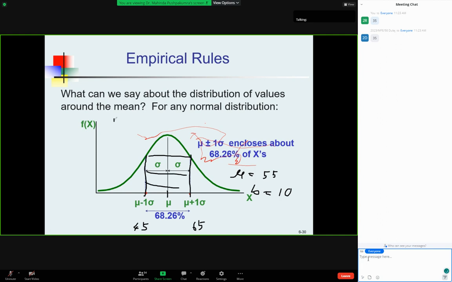That means now you have to find P(45 < X < 65). Please try to find it. What is the probability in this area?